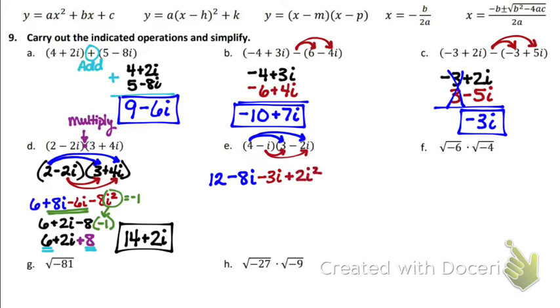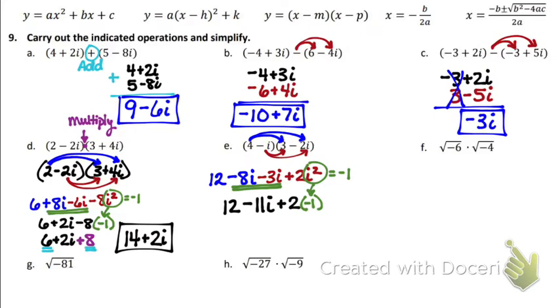What can I put together? Negative 8i, negative 3i. i squared gets replaced with what? Negative 1. So I have 12 minus 11i plus 2 times negative 1.